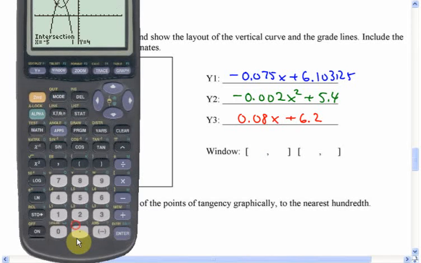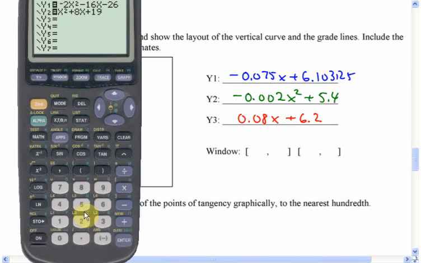Time to plug it in and graph. I'm getting tired. Once again, if I'm going too fast, stop the video.